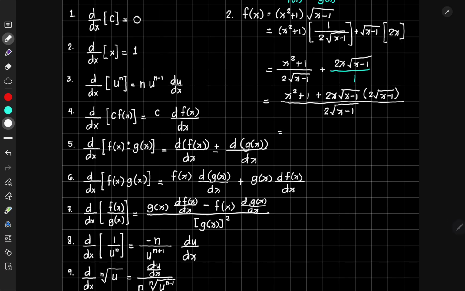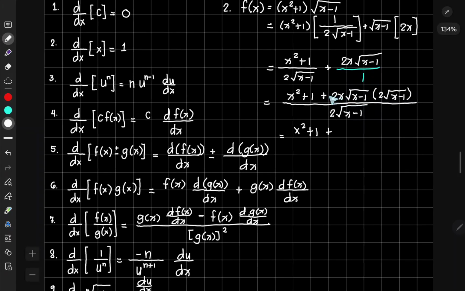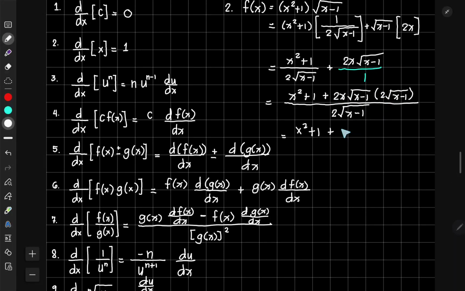So, this would be equal to, so kung getting the product of this second term, so magiging x squared plus 1, so plus, so we have 2x times 2, that is 4x, so multiplied by, so pag kunin natin yung product ng square root of x minus 1 and square root of x minus 1, so that would be square root of x minus 1 raised to 2, or just simply that is x minus 1.